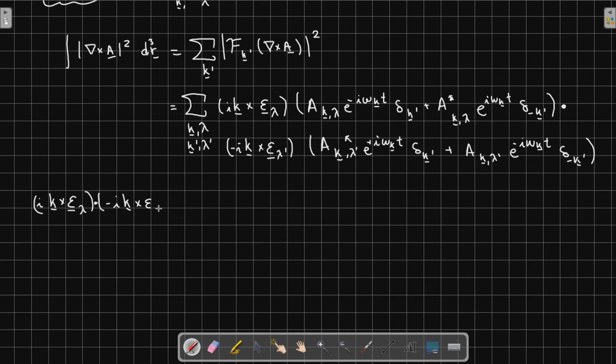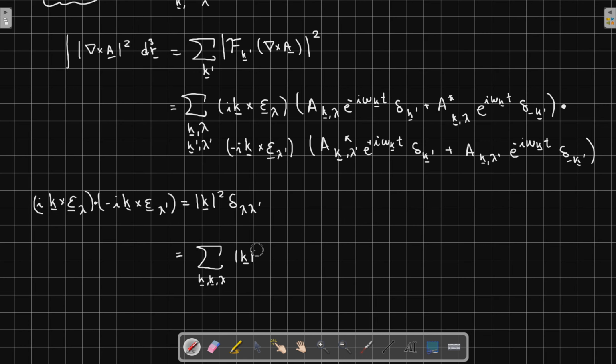So I'm taking the dot product of these two cross products involving orthonormal vectors, and as you might guess, this is equal to k squared delta lambda lambda prime. This simplifies a bit because our sum will now turn into a sum in k prime and lambda, because when we sum over lambda prime, only the term equal to a given lambda will be the ones that survive.